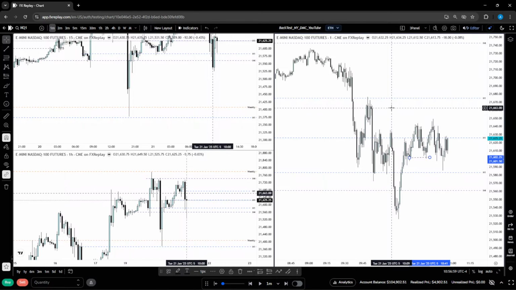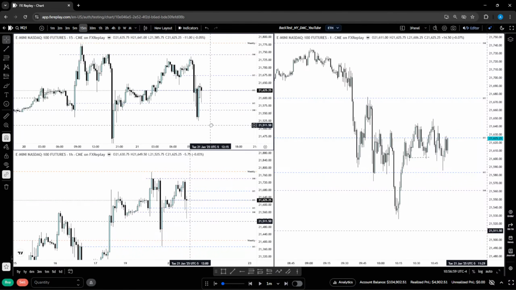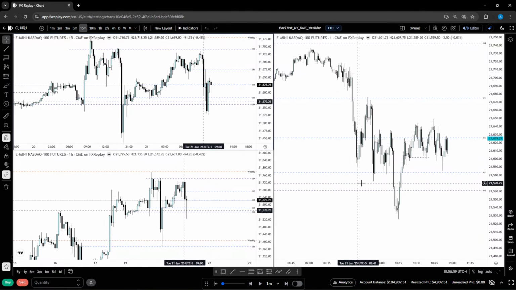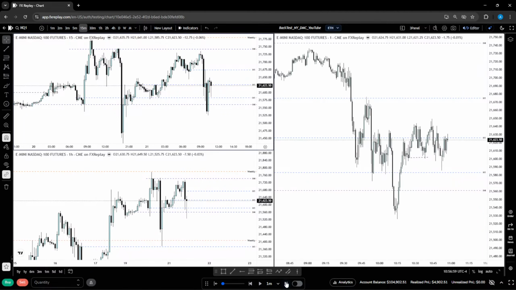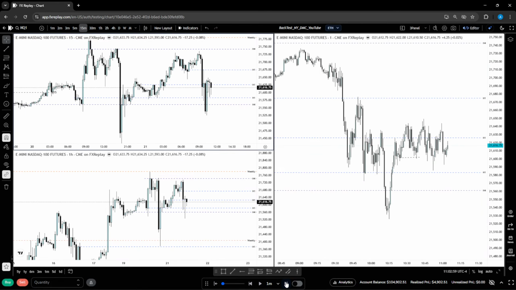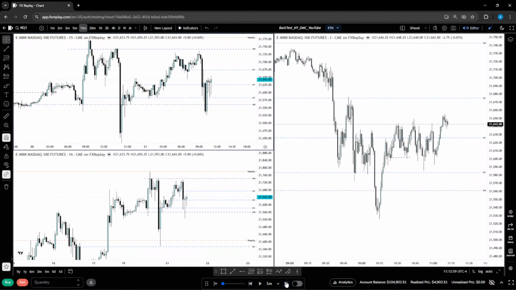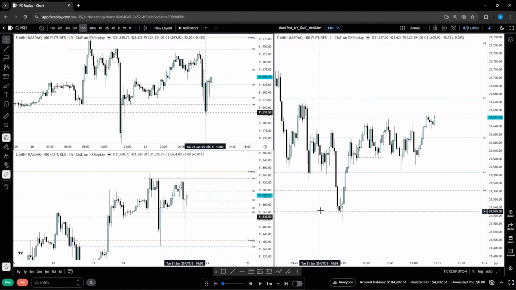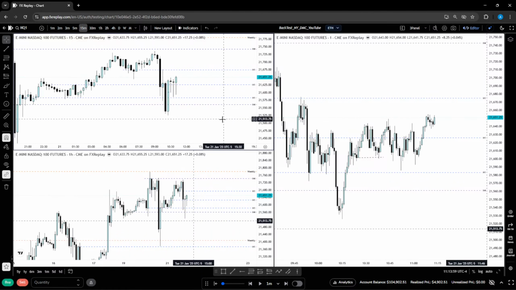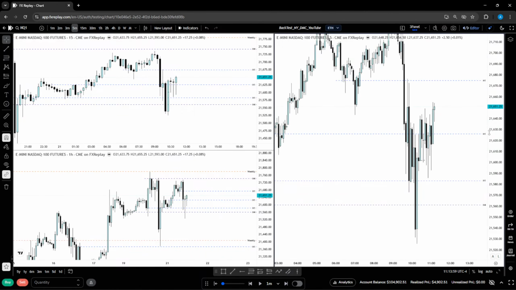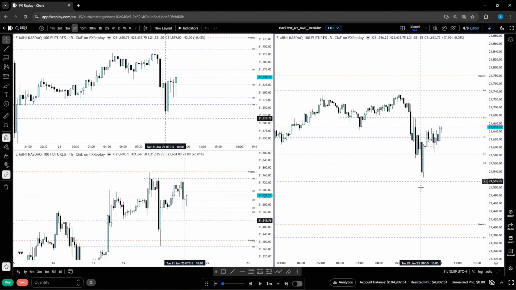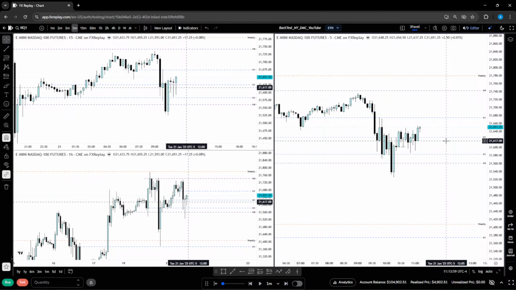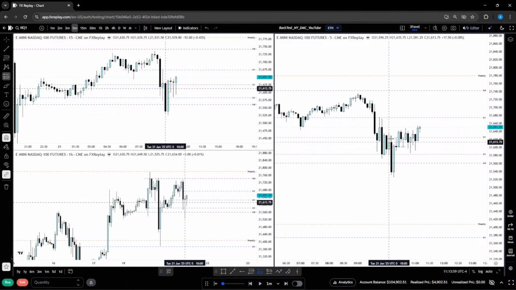So this is just consolidating. There is no direction. This would have been the first time we get a swing above these 1 hour, 4 hour levels.